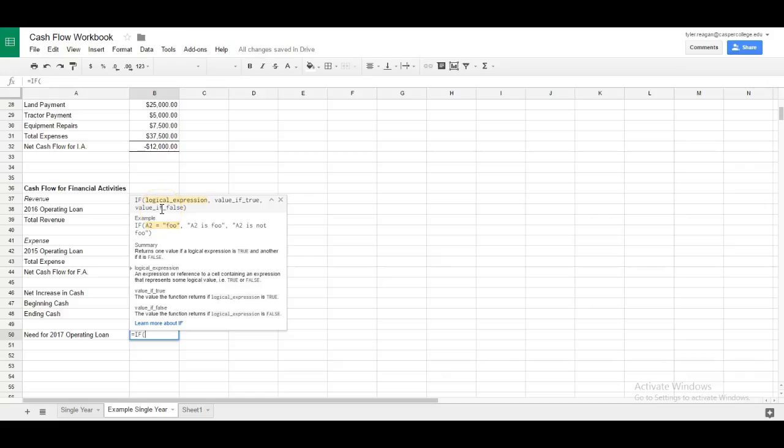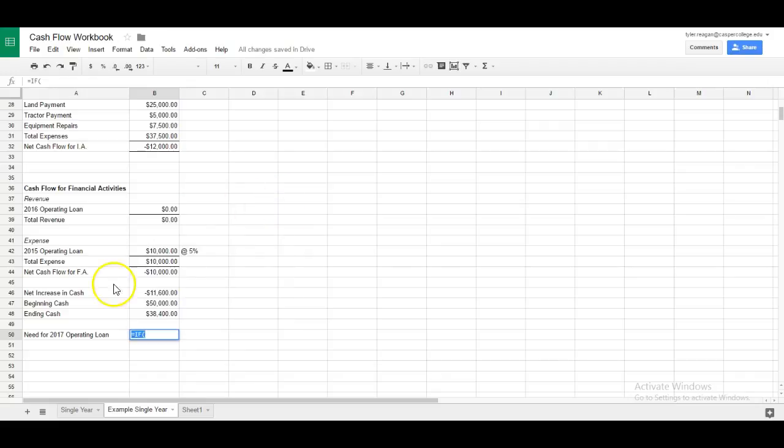So what we're going to do is say if this particular value, if your ending cash is below what you want, so if your ending cash is less than, say, $50,000, or say in this example we want ending cash to be at least $75,000.